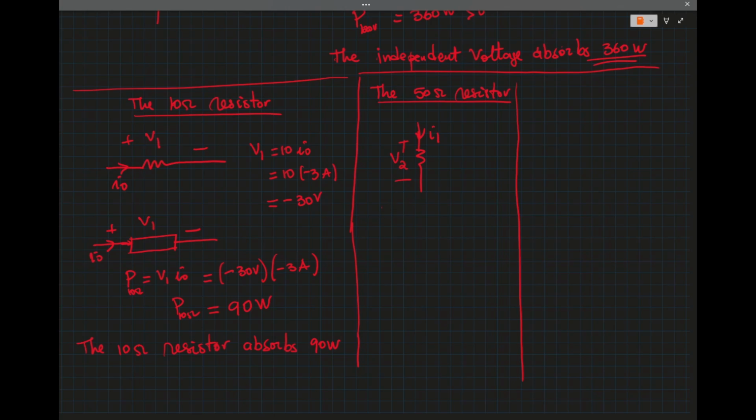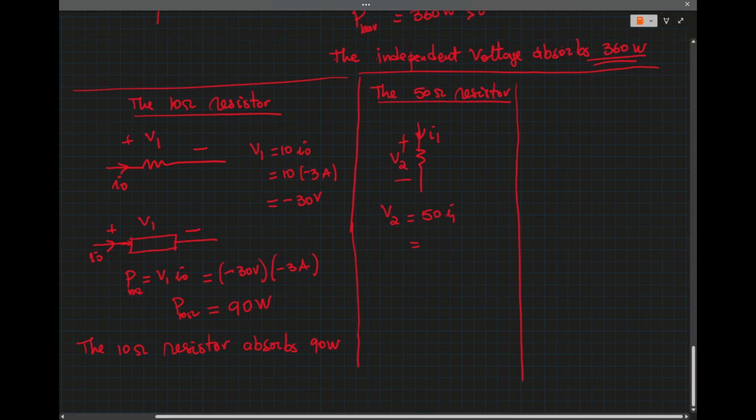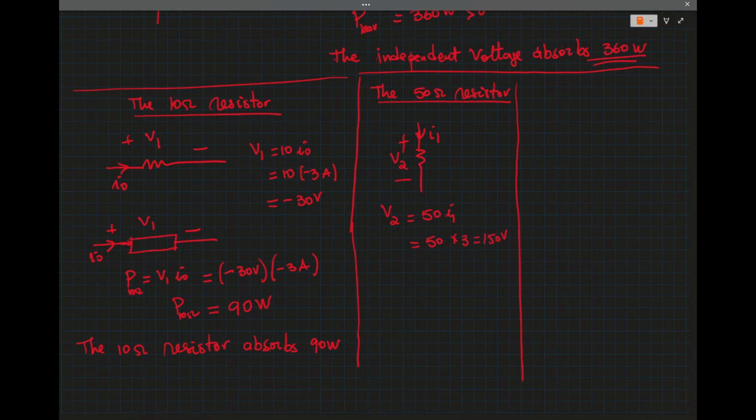So V2 is 50 times I1, passive sign convention, the current is from plus to minus. So 50 times 3, which is 150 volt.